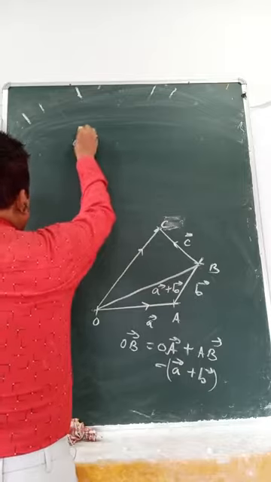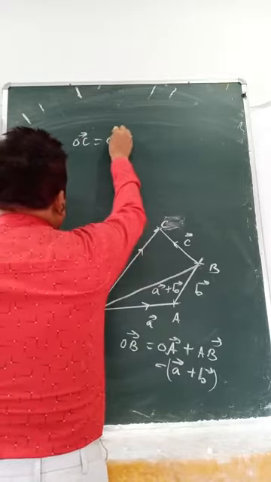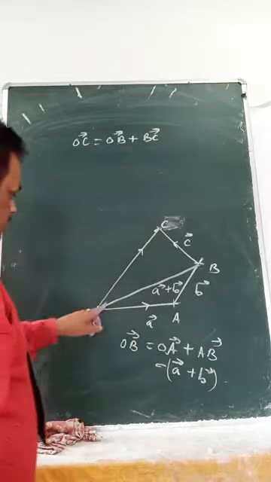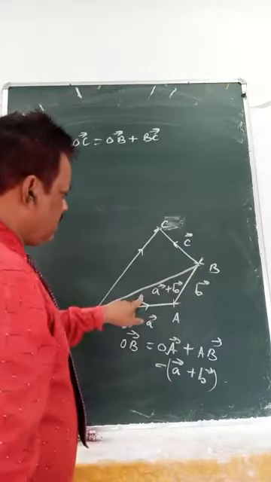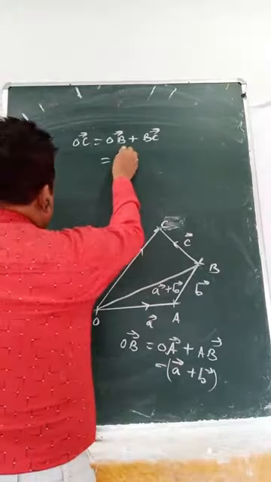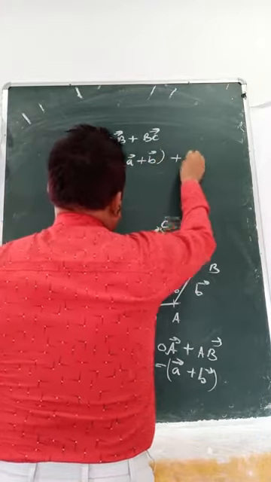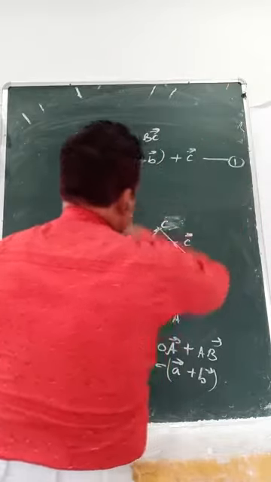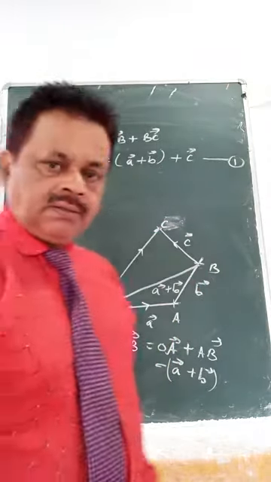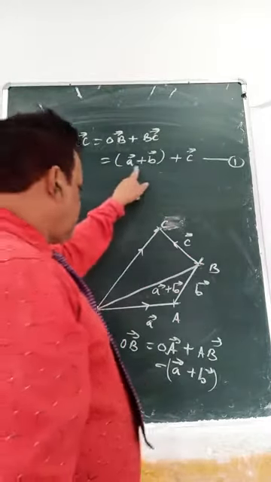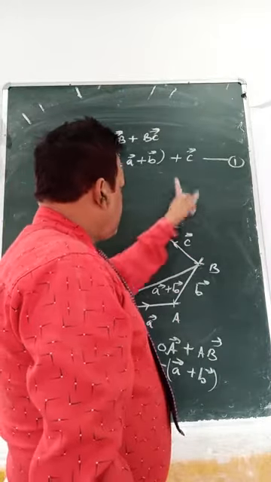What is OB now? A plus B. So keep A plus B in the bracket, plus C.